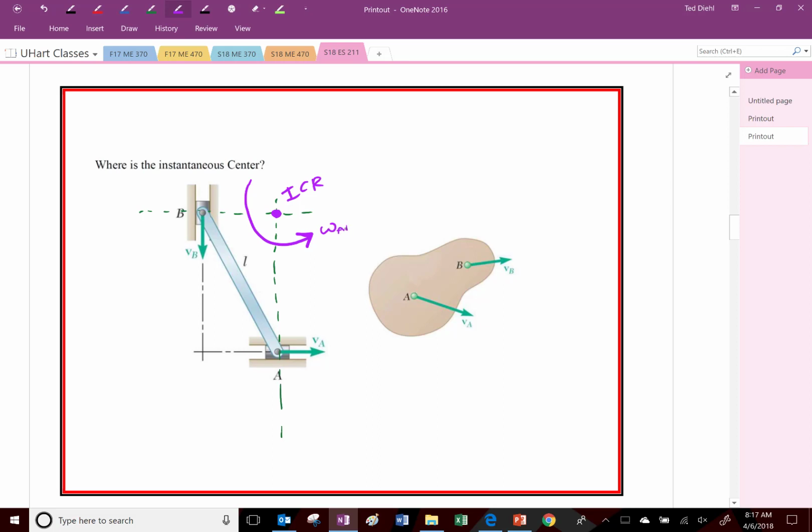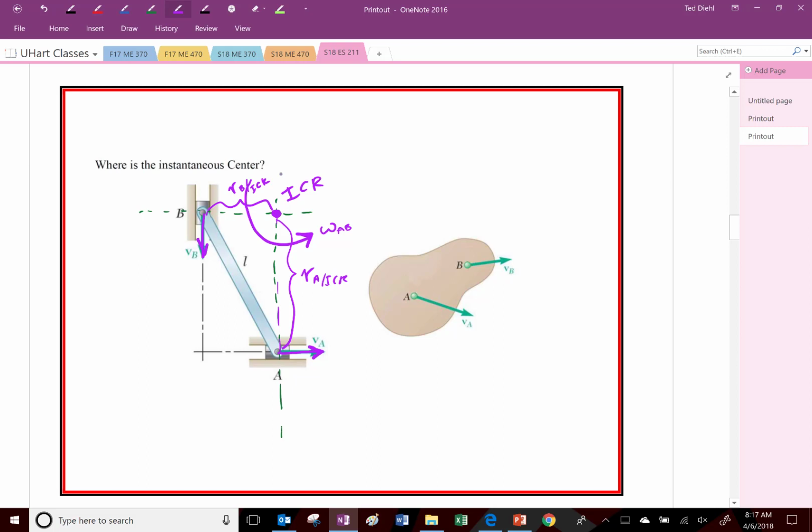That's omega AB. You notice that rotation causes this velocity when you have this RA with respect to ICR, and that rotation causes this velocity when you have RB with respect to ICR.